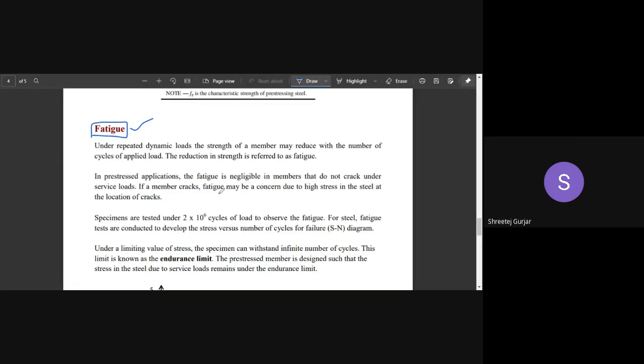It is stress versus number of cycles. S denotes stress and N denotes the number of cycles for failure. It is not just the number of cycles, it is the number of cycles for failure. For steel, fatigue tests are conducted to develop this stress versus number of cycles for failure diagram.